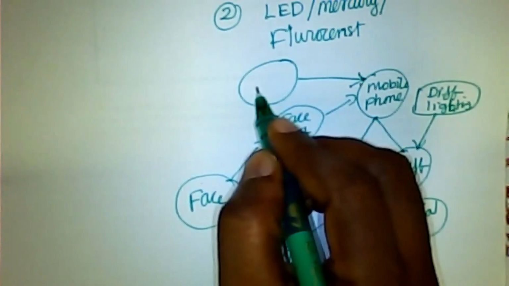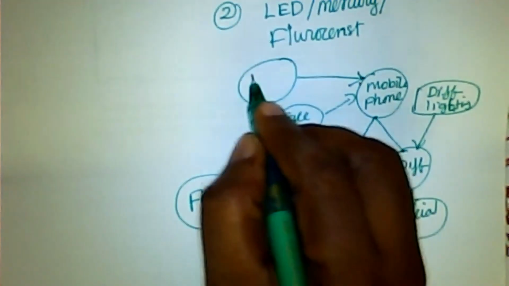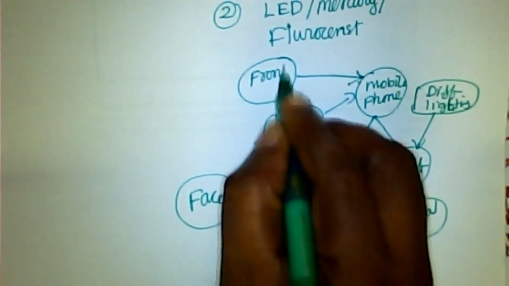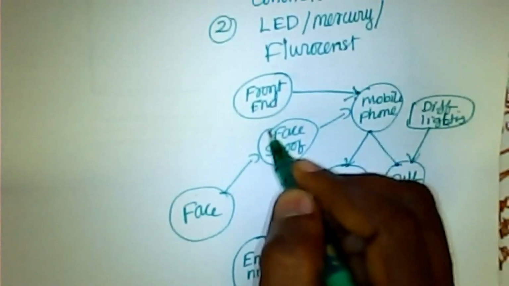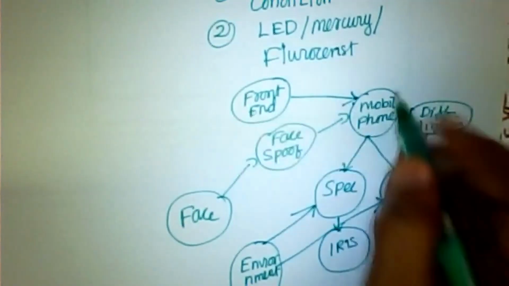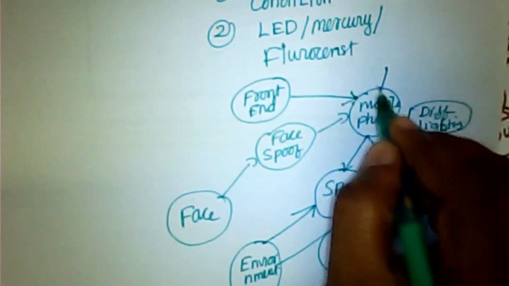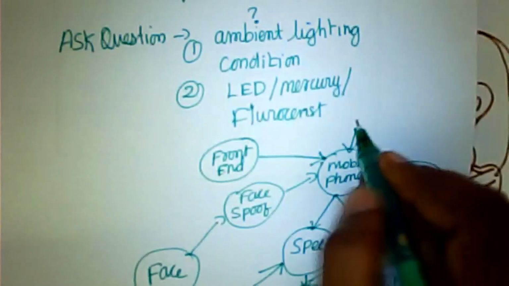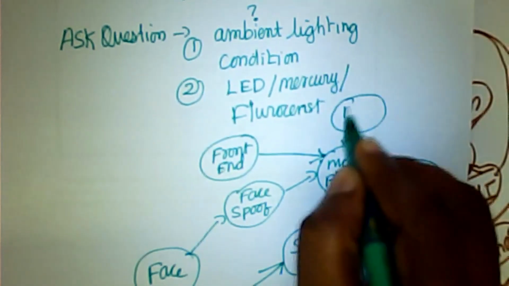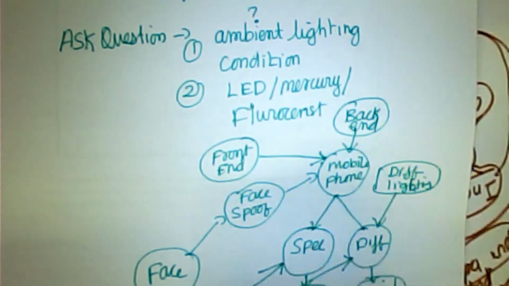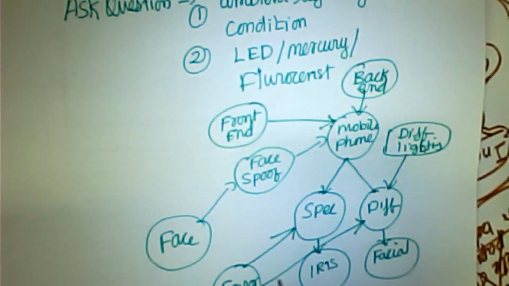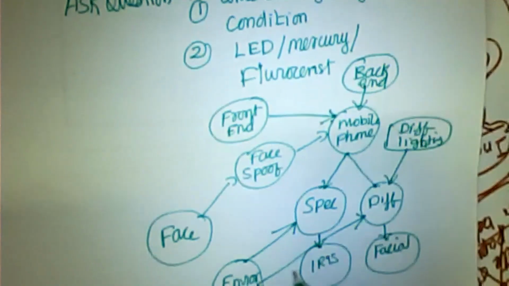If I take this image by using my front end camera, how can the spoofing be done, and how will the image behave? That is a very important question. If I take it from the back end camera, I'm just putting all the questions towards this particular topic.